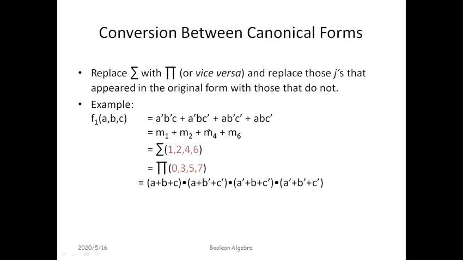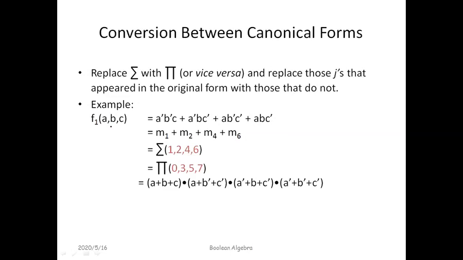Okay, then the conversions between canonical forms. So you can replace the sigma with the pi or vice versa, and replace those j's that appeared in the original form with those that do not.